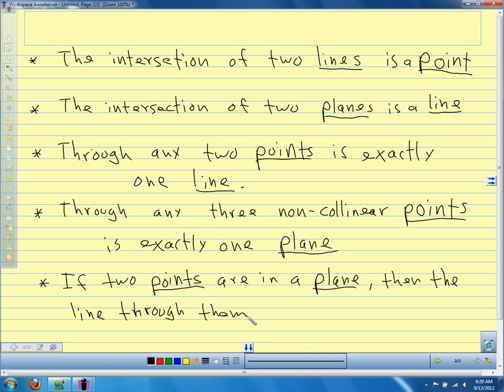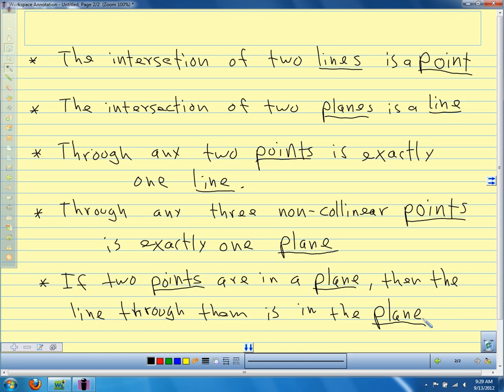So if 2 points are in the plane, then the line through those 2 points is in the plane. There's no other way that we could put a line through those 2 points that wouldn't be on the plane of the whiteboard. It would have to be curved, it would have to bend around somehow to go through there, and then it wouldn't be a line. Where else could it be to go through those 2 points? It couldn't be anywhere else.